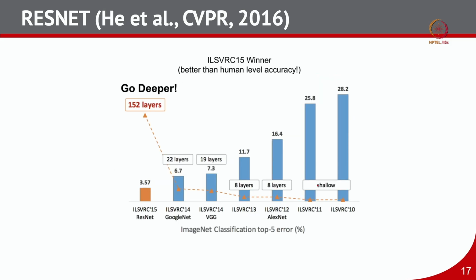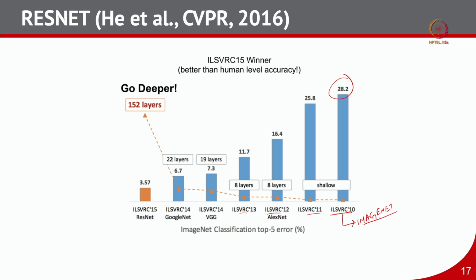After Inception, in 2016, ResNet came into the picture. Now, if you see this bar graph, the x axis is showing different years of the ILSVRC challenge, and the y axis is showing the error. ILSVRC is the challenge which was introduced with the ImageNet data set.